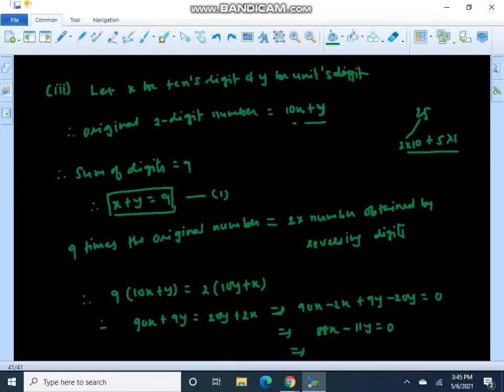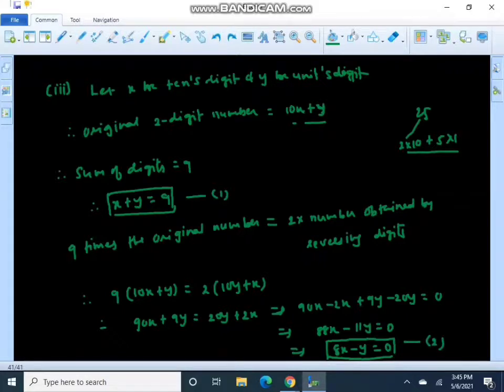Further take 11 common, 11 reduce हो जाएगा, तो 11 into 8x minus y is equal to 0. ठीक है, this is the second equation.